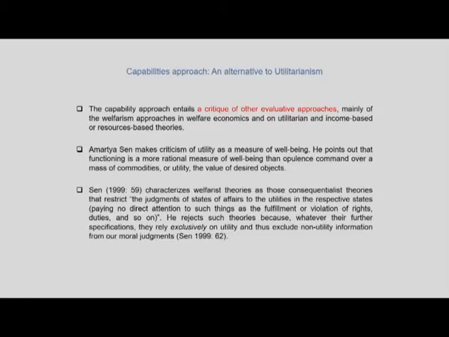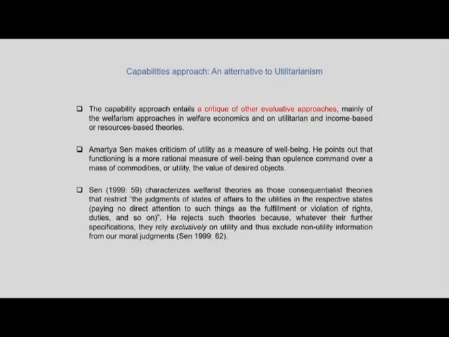The capability approach entails a critique of other evaluative approaches, mainly the welfarism approaches in welfare economics and utilitarian and income-based or resource-based theories. So, Sen criticizes utility as a measure of well-being, and he points out that functioning is a more rational measure of well-being than opulence, or command over a mass of commodities, or utility, which is the value of desired objects.